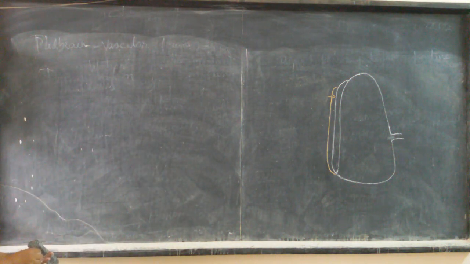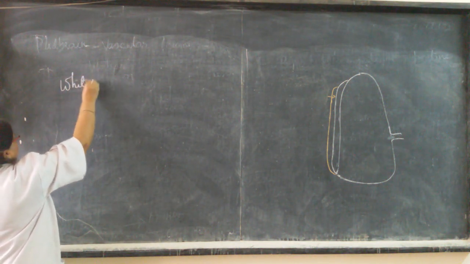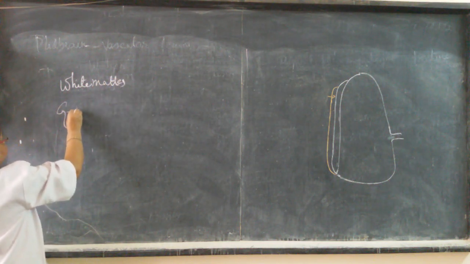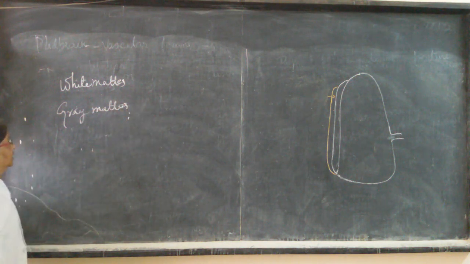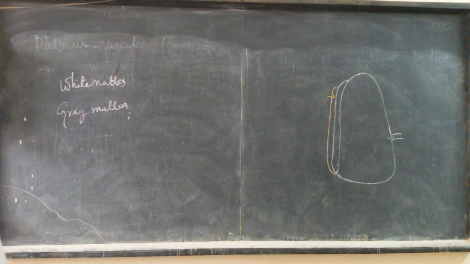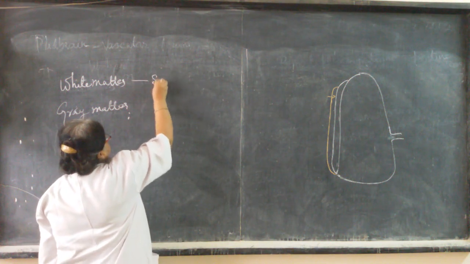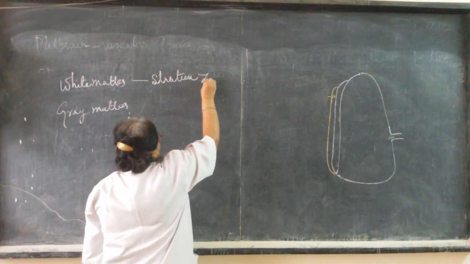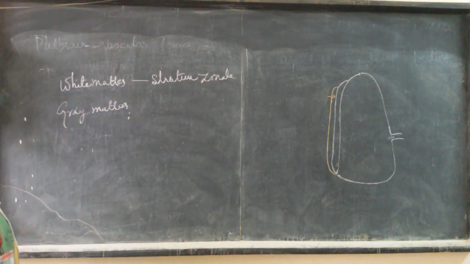Now, the thalamus contains white matter as well as grey matter. The white matter is in the form of stratum zonale, which covers the superior surface of the thalamus.